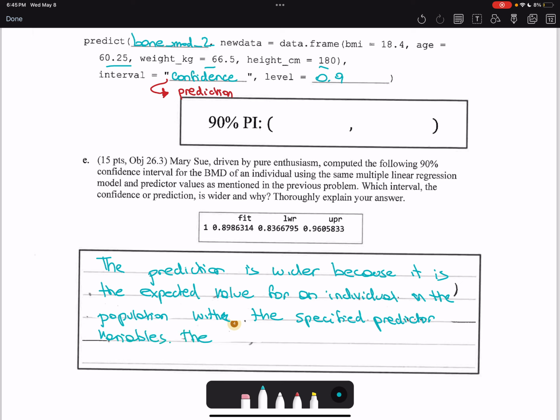The confidence interval gives an average value and therefore has less variability.